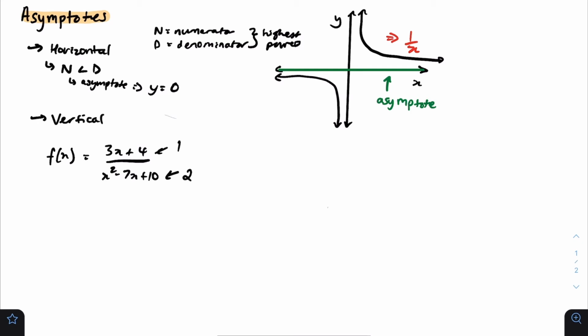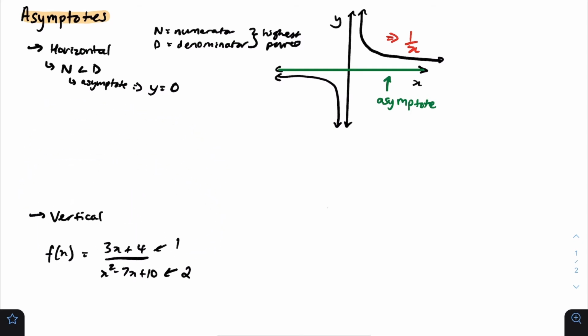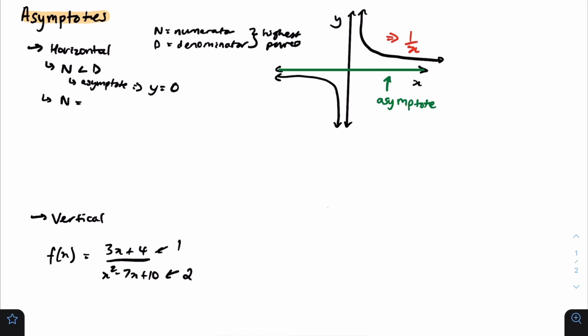All right. If n is equal to d, so that they have the same highest powers, let's say we had a function in the form ax squared plus bx plus c divided by dx squared plus ex plus f.